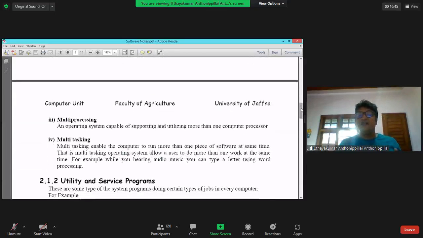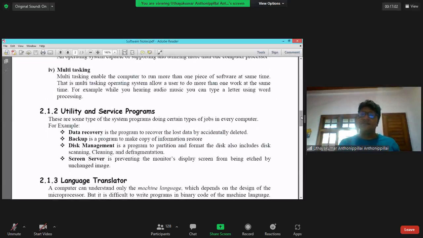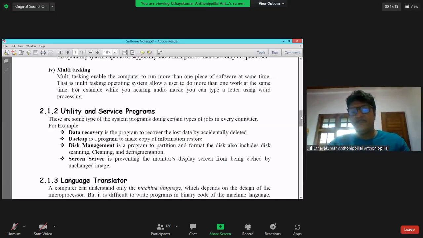Third one, multiprocessing. Not only one processor, more than 2 or 3 processors can work simultaneously, or someone is working at a time and some processors take rest, right? Multitasking, in a particular time, we can work not only on one task, we can work with 3, 4, 5 tasks, depending on the capacity of the computer.